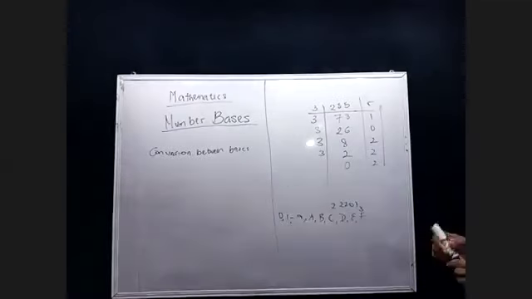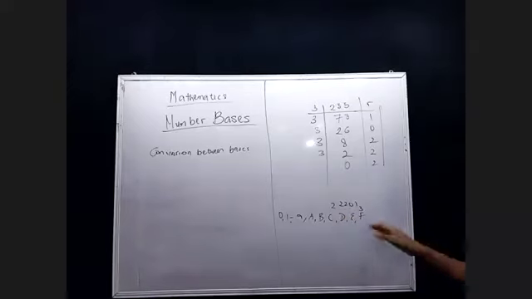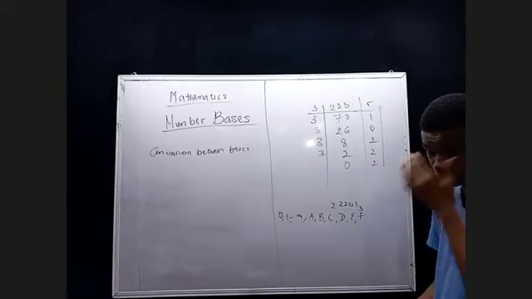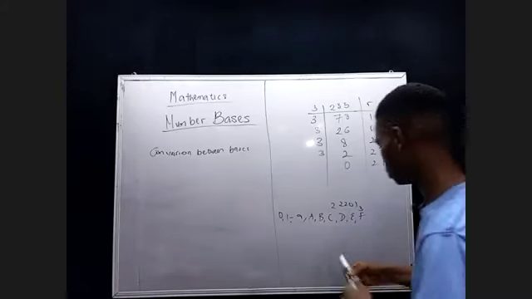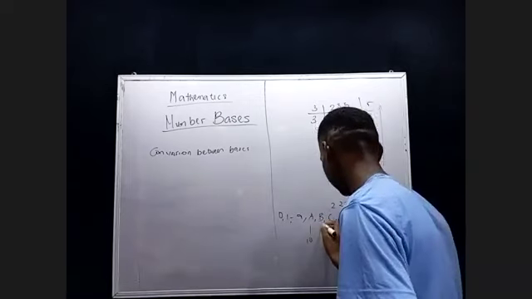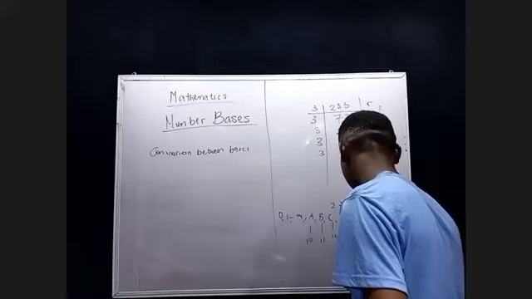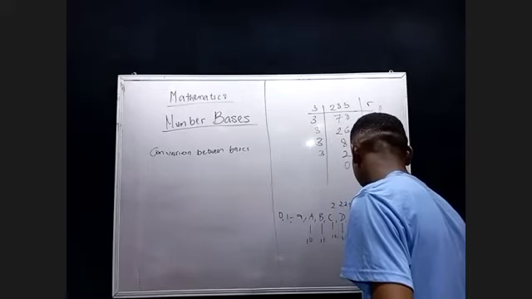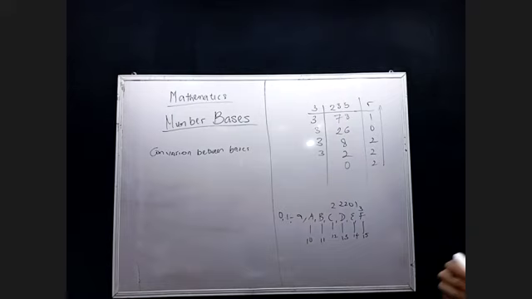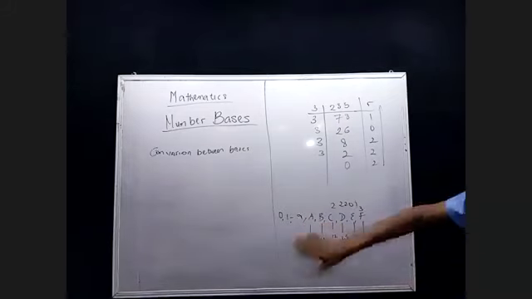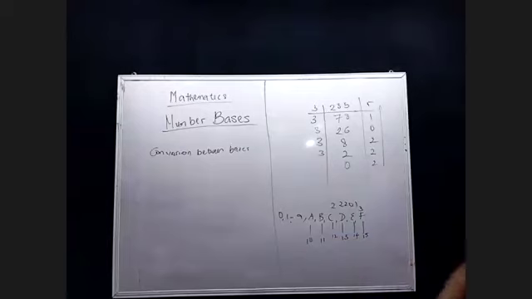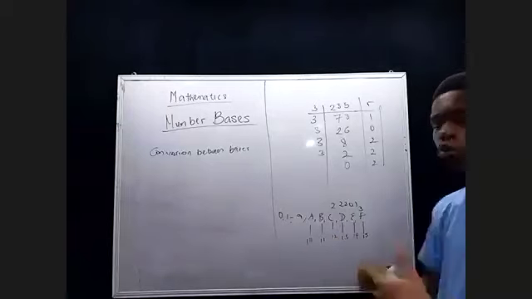So when you see A, B, C, D, E, F, you can use those numbers that I just said to represent them. So this is 10, this is 11, this is 12, this is 13, this is 14, and this is 15. When you are calculating and you see A, you calculate it using 10.